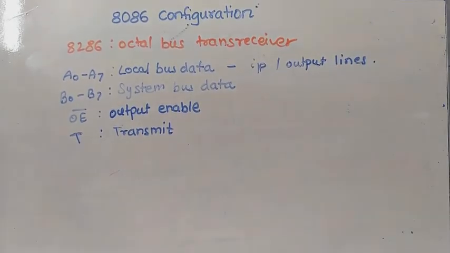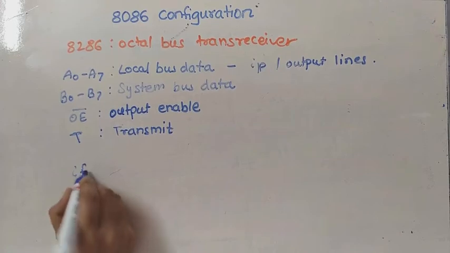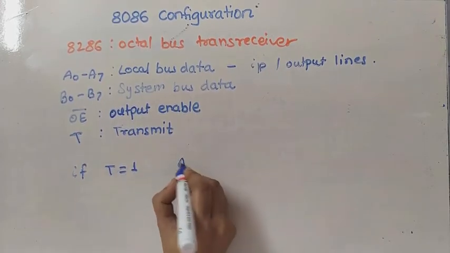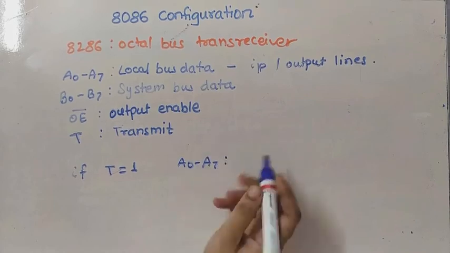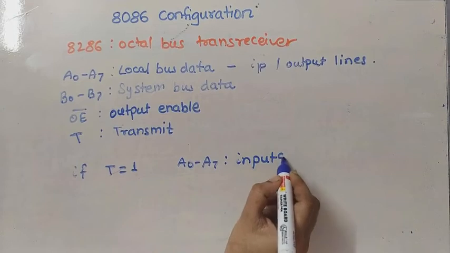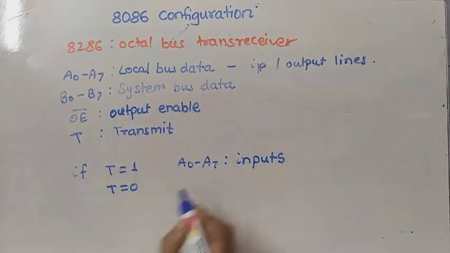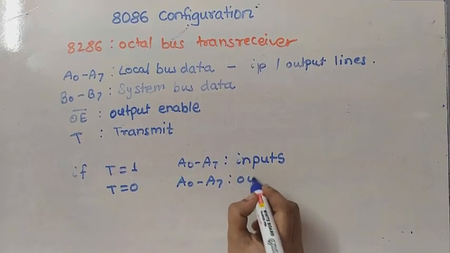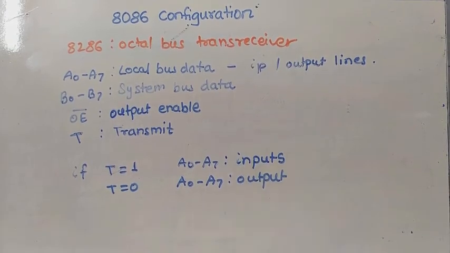If T is equal to 1, then A0 to A7 will act as inputs, and if T is equal to 0, A0 to A7 will act as output lines.